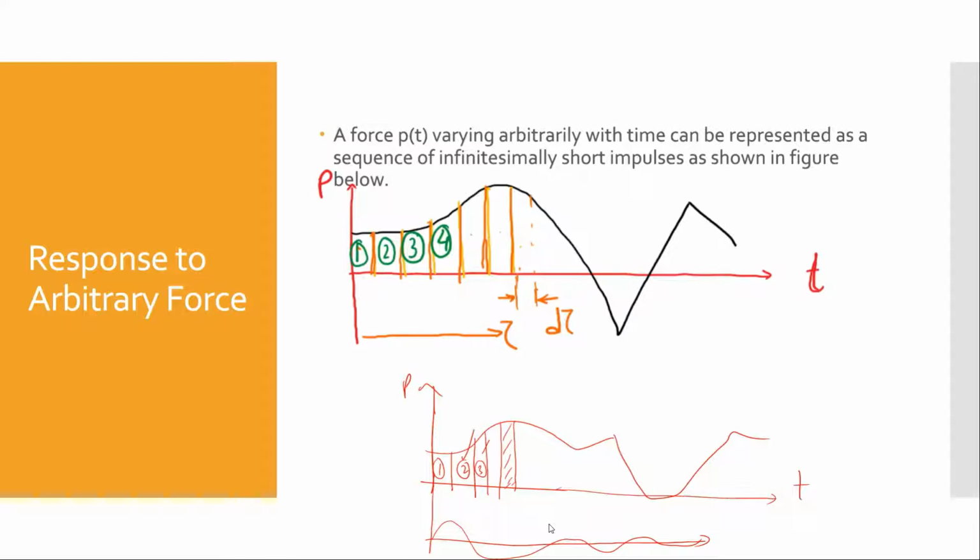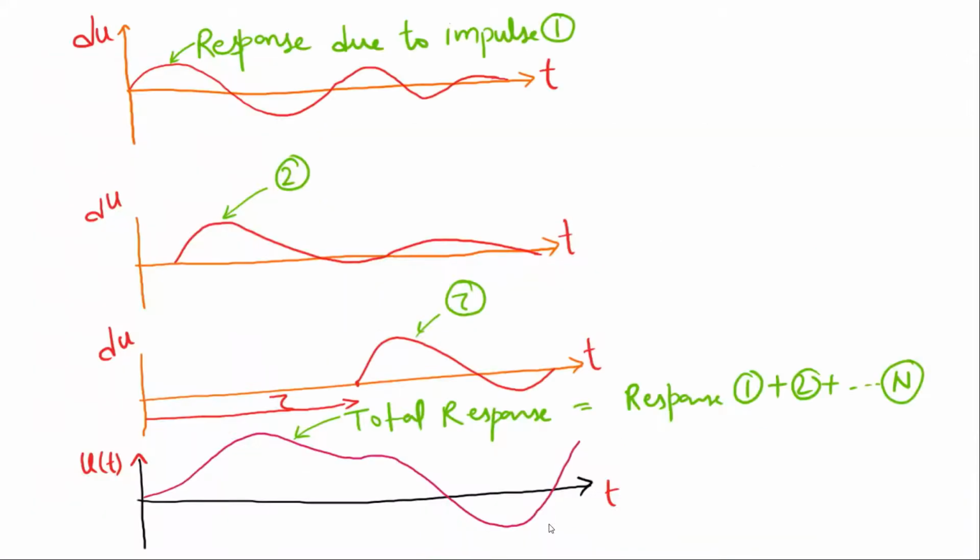So a force p(t) varying arbitrarily with time can be represented as a sequence of infinitesimally short impulses, as shown in the figure below. Now, it is the response shown due to impulse 1, impulse 2, any impulse at tau, the 4th, 5th, 6th, any position.